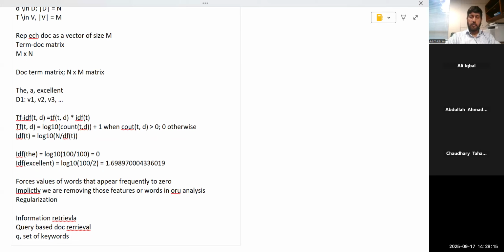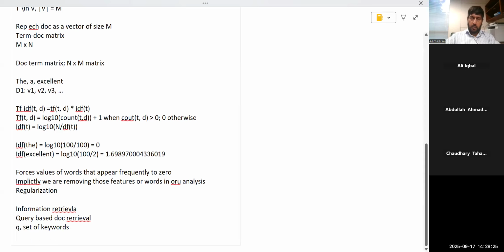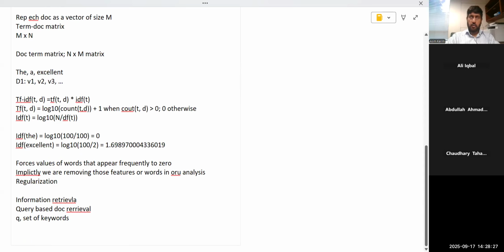So these are words of interest, and we would like to find the documents that contain these words in the collection D. So in the simplest form, the query Q is also represented as a vector of size m. What was m? Vocabulary size, right?